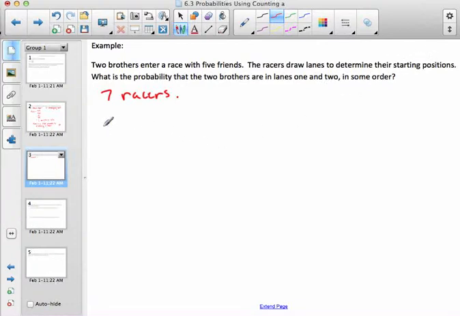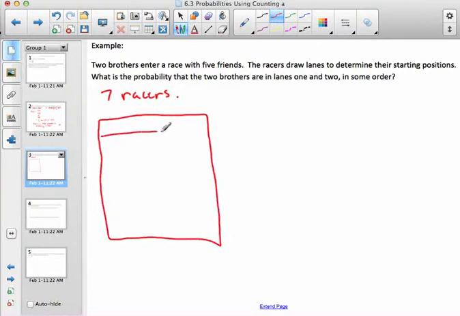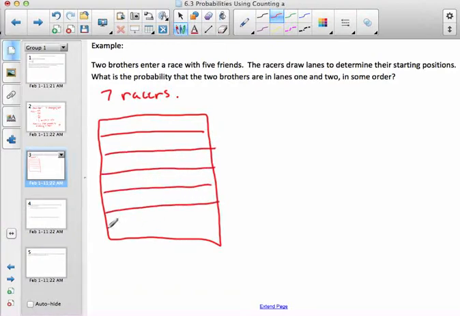So from a picture standpoint, there are 1, 2, 3, 4, 5, 6, 7 lanes, and each of the racers are drawing what lane they're going to race in. So what's the probability that the 2 brothers are in lanes 1 and 2 in some order?